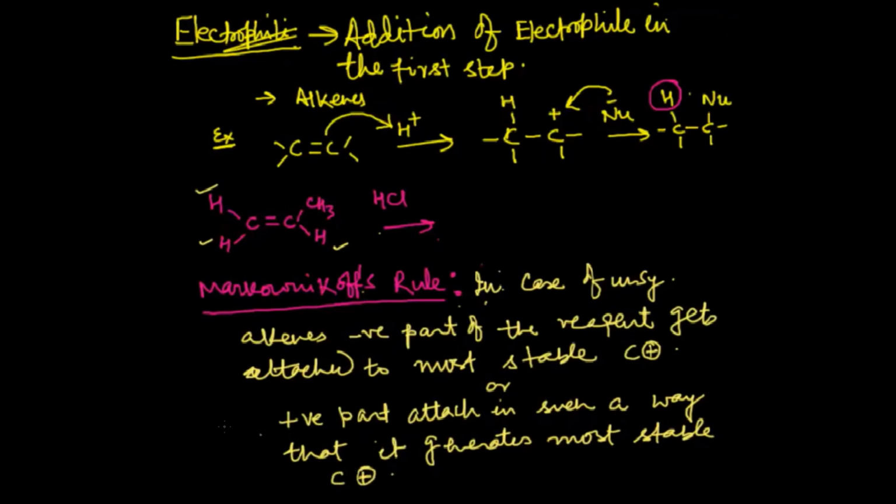This is the key, and this is very important to understand and remember as well. Unless you remember this, you won't be able to identify what exactly the product would be.